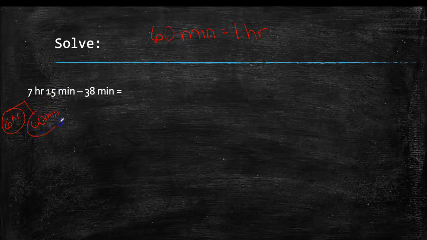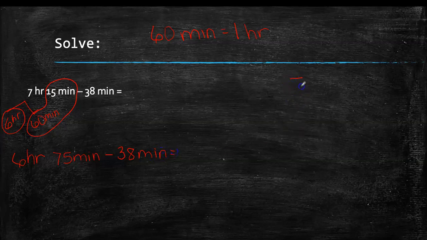So I need to add that 60 minutes to the 15 minutes. So I now have this as 6 hours. I've decomposed it, and now I'm making it 6 hours and 75 minutes. And I'm going to be able to subtract 38 minutes.